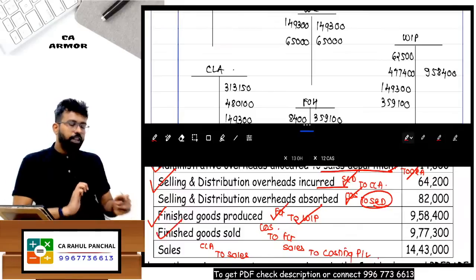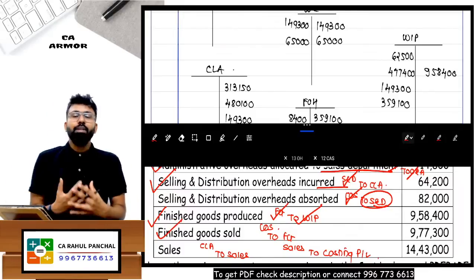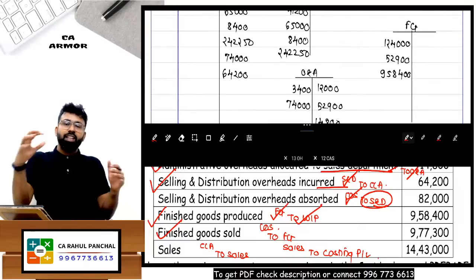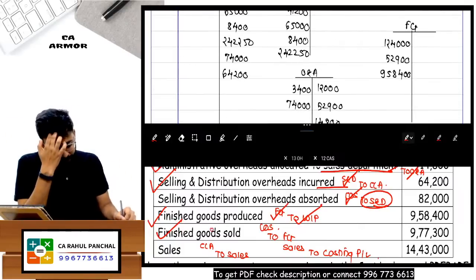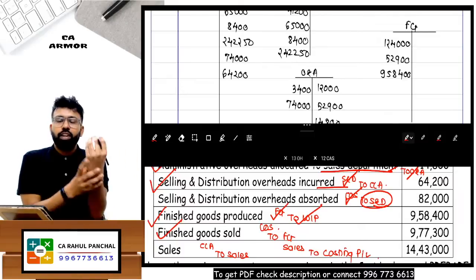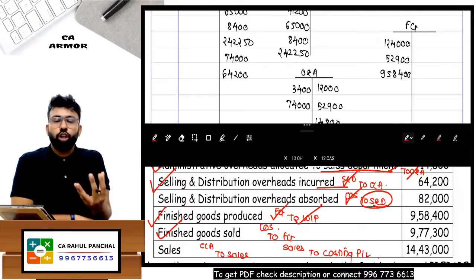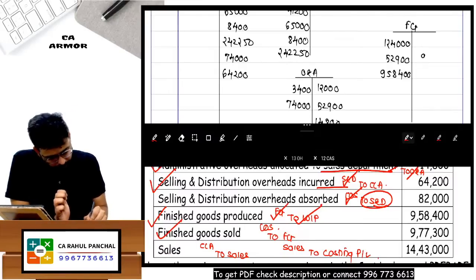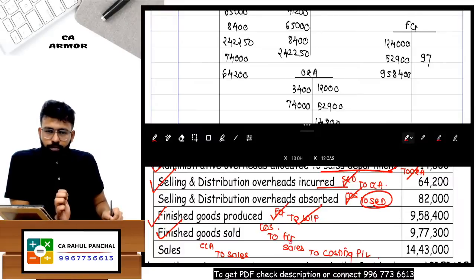Done. Finished goods sold. When you say sold, it means something is going out of the warehouse, which is your finished goods, and you are transferring it for sale. Finished goods sold is as good as cost of goods sold. Whatever cost of goods you have sold will be transferred like this: cost of sales to finished goods account.